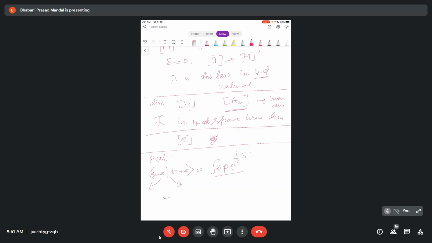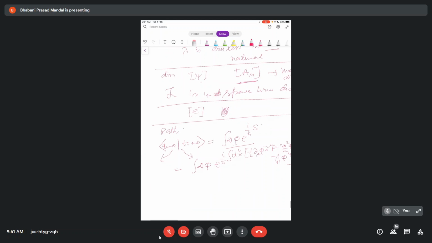Let me write it in a more appropriate way: integral d phi e to the power i over h cut, then integral d4x of half del mu phi del mu phi minus m square by 2 phi square minus lambda over factorial 4 phi to the power 4. This is our path integral in field theory. And this vacuum to vacuum quantity is called the generating functional. We'll see why it is called generating functional, and we denote it Z at 0.